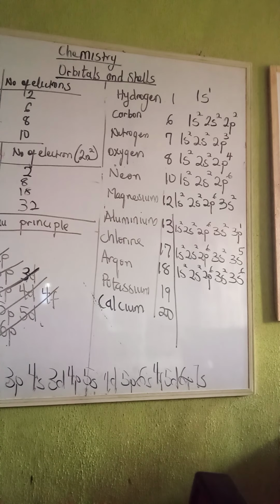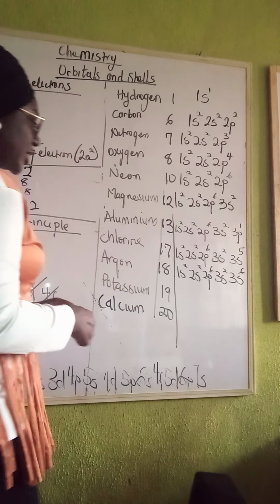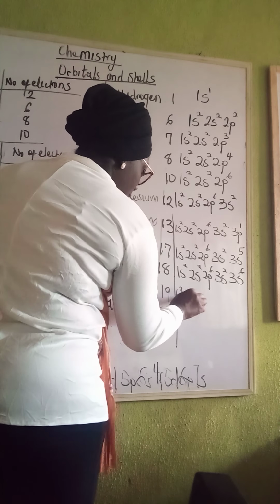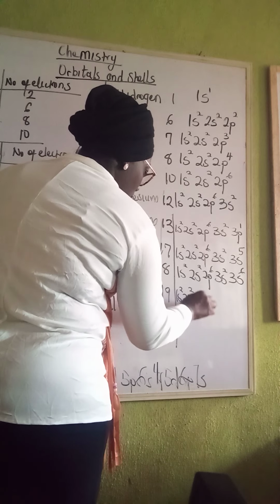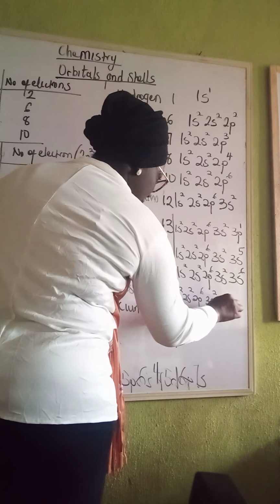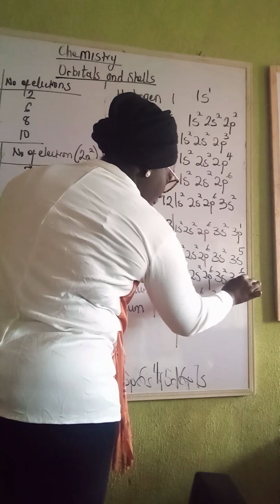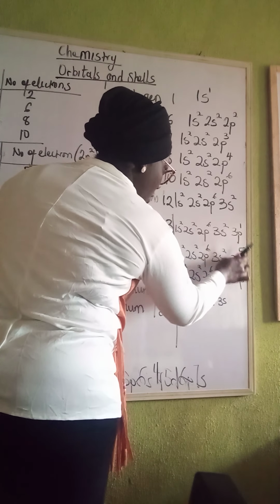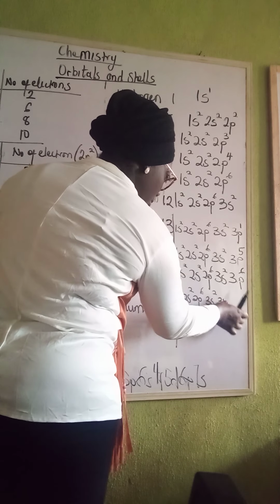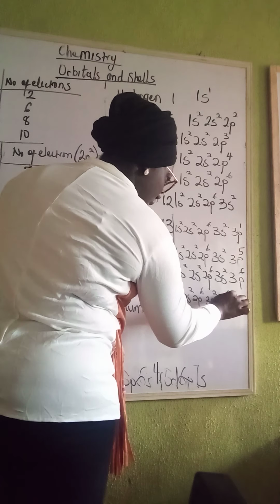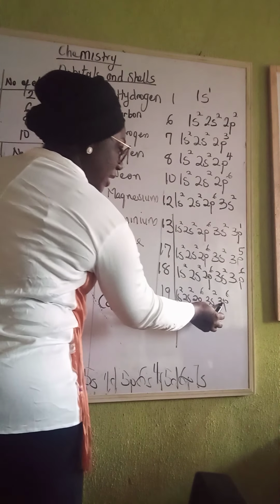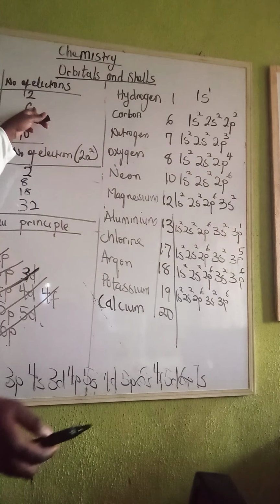Am I communicating? Okay. Now let's go to potassium. It's 19: 1s2, 2s2, 2p6, 3s2, 3p6. Sorry, I was writing s here by mistake; this should be p. Now this is 18. We have 1 left. You can't write 3p7 because p can only accommodate 6.